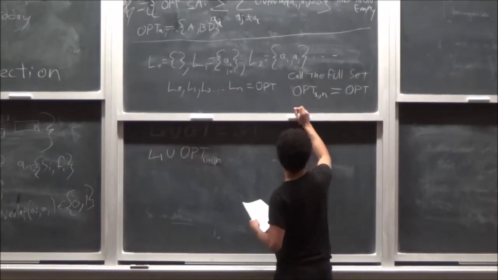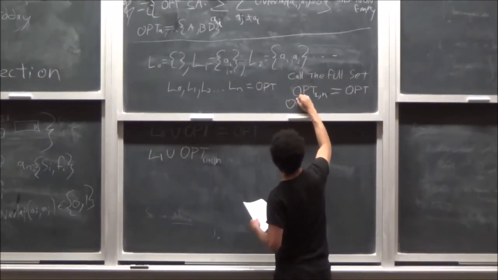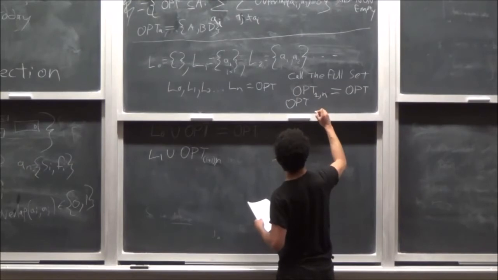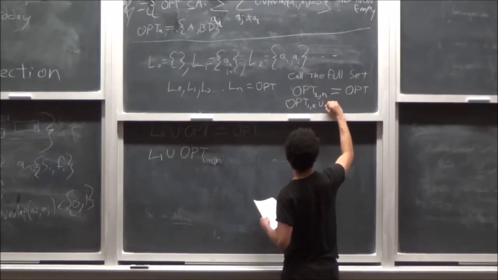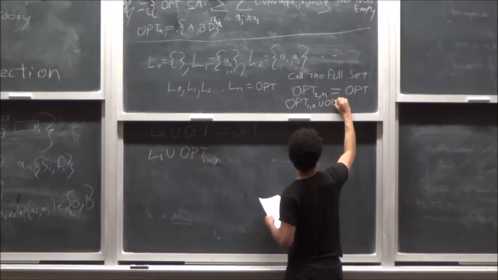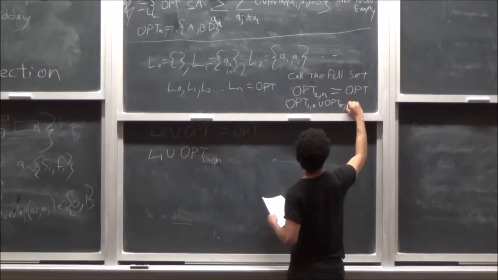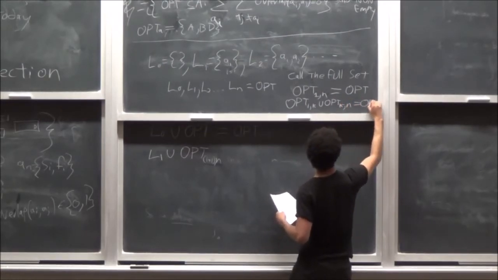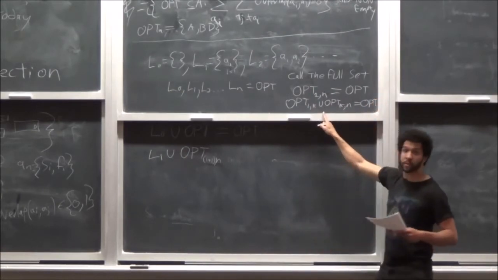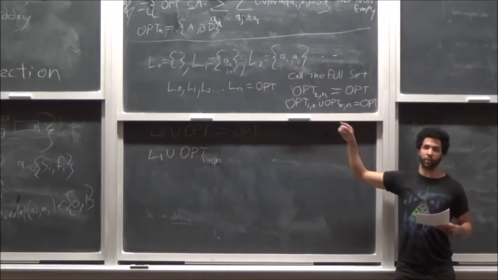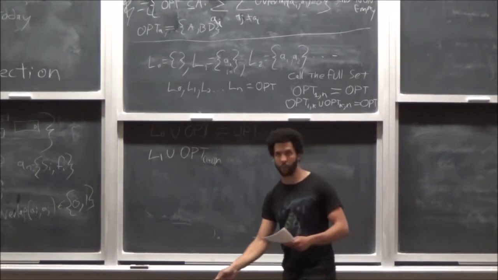You can also say with this notation that OPT 1 to k, let's just make a new index k, union OPT k to n equals OPT. Sorry, does that make sense? No? We're just cleaving the set at a certain point in the index.